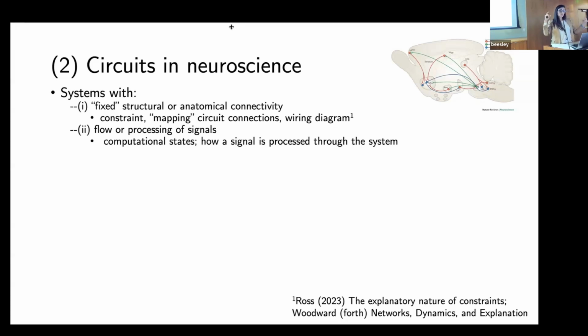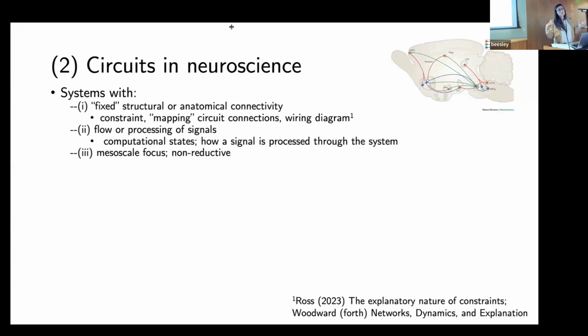In the next slide, I'll spend more time on these first two features of circuits, because I think these are well understood as different types of causal elements of these systems. But here, I'll mention a third and fourth feature of circuits.